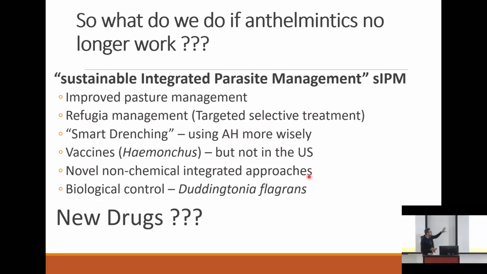Most of these points will be covered in the control of Trichostrongyle lectures in the coming days. As for new drugs, at the moment there is no drug I know of that is going to come into the market. The major drug groups we already have are the only drugs available to control these parasites. So use these drugs wisely.